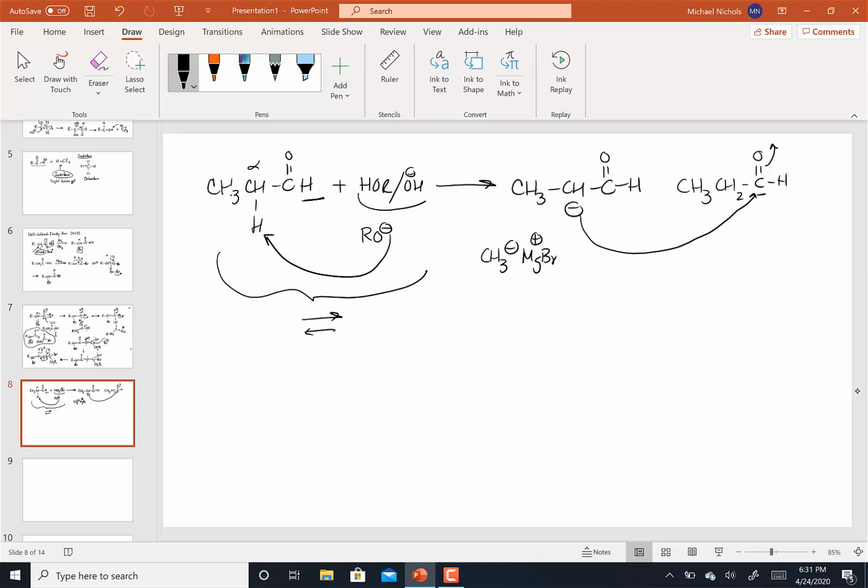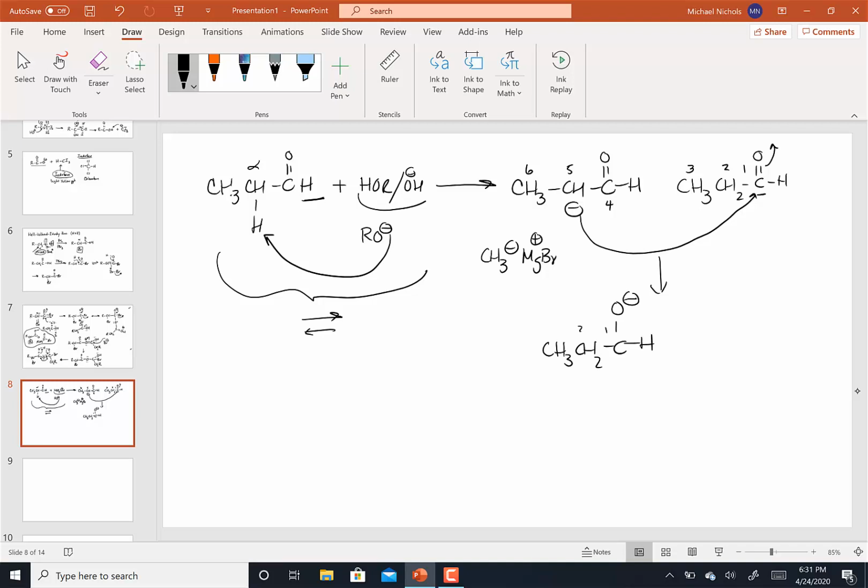Now, I need numbers to keep track of this. So here's what I'm going to do. I'm going to call the unenolized carbonyl carbon 1, carbon 2, carbon 3. And then over here I'm going to have carbon 4, carbon 5, and carbon 6. So when that reaction occurs, I'm going to rewrite my unenolized aldehyde so it looks like this.